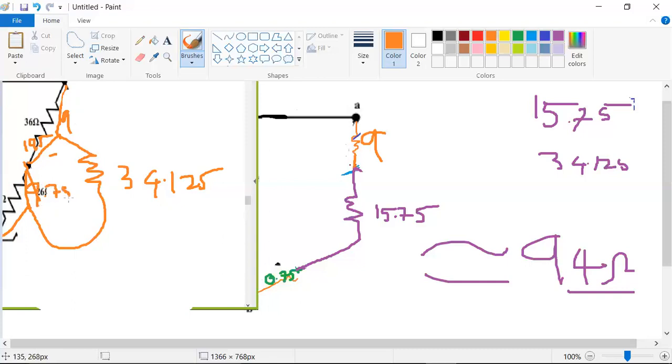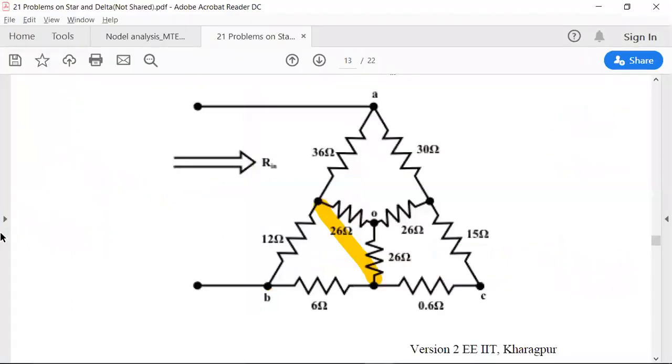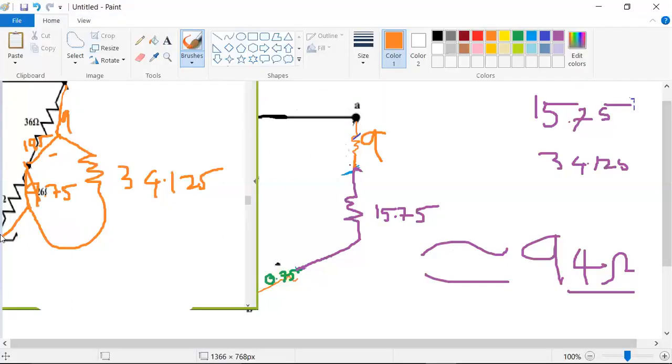What about this? 12 into 6 divided by 96, which will be 0.75.